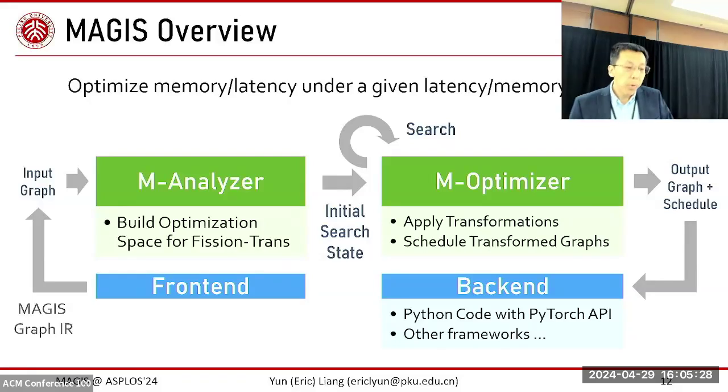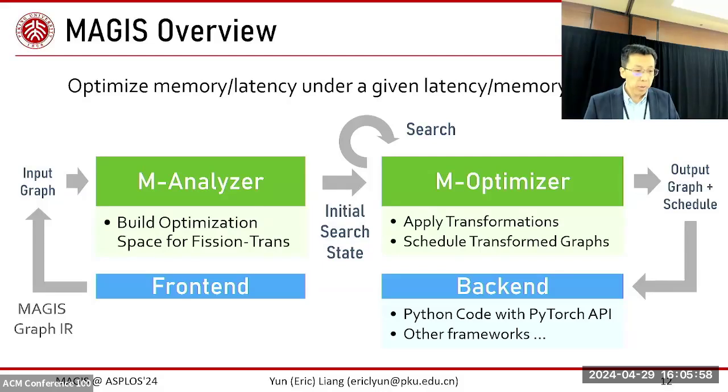The framework is called MAGIS. MAGIS tries to optimize memory and latency under a given latency or memory constraint. There are four components: front end, analyzer, optimizer, and backend. The front end will parse the user input and generate a graph intermediate representation, which is the input of the analyzer. Then the analyzer will build the optimization space for the Fission transformation, and meanwhile generate the initial search state.